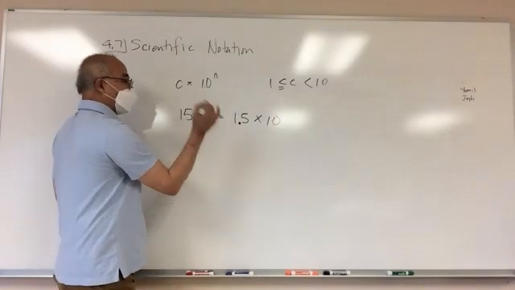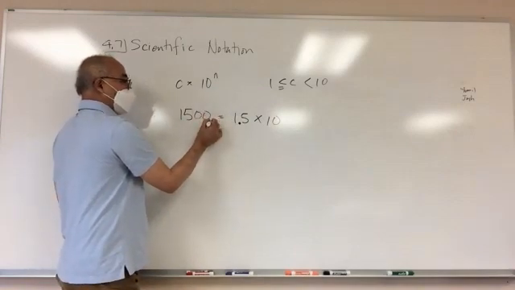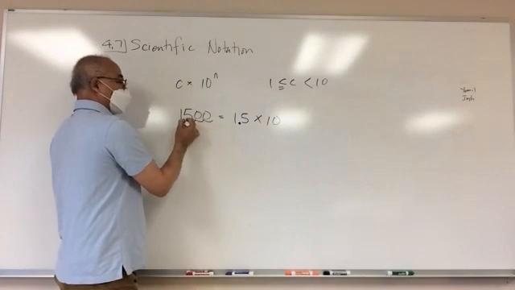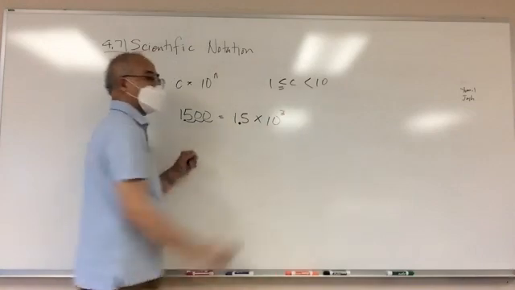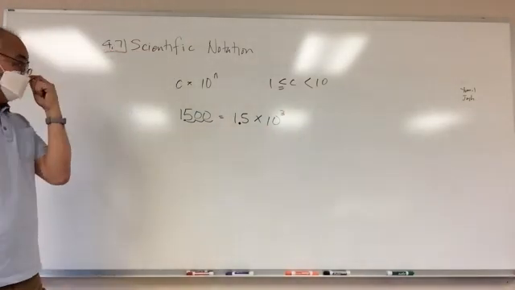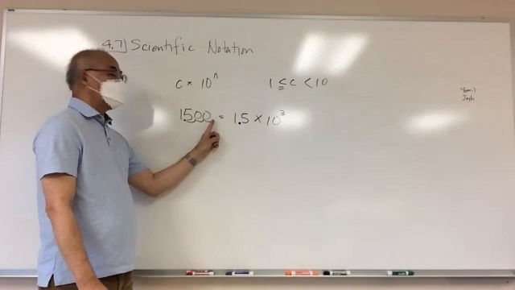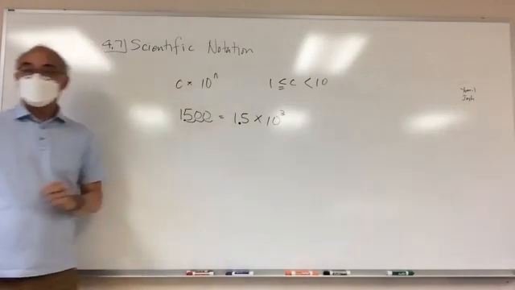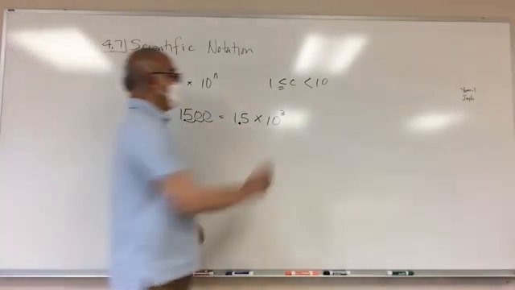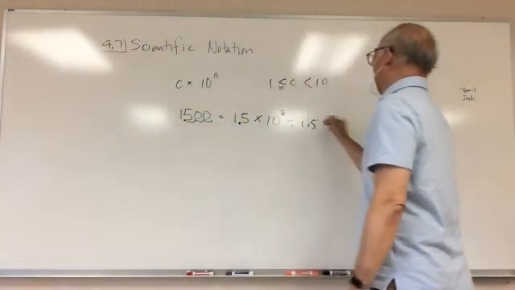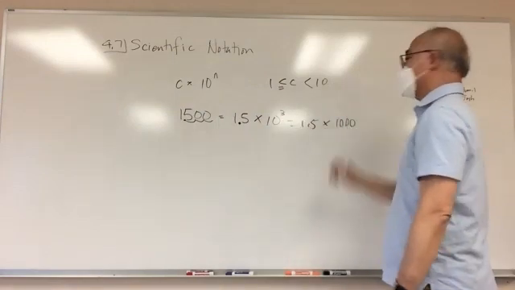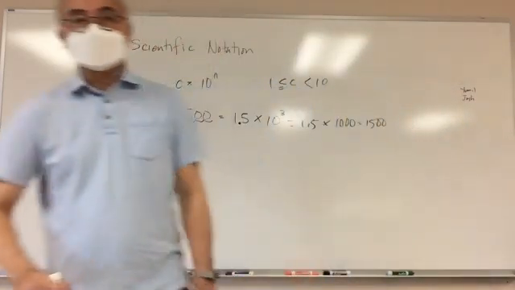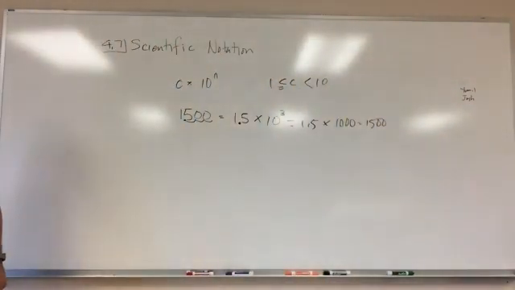The way we find the third is we go from here, we count 1, 2, 3. So it's the number of places you had to go from the end to establish the 1.5. If you look at this, this is 1.5 times 10 to the third, which is 1,000, right? So it's 1.5 times 1,000, 1,500. Makes sense.